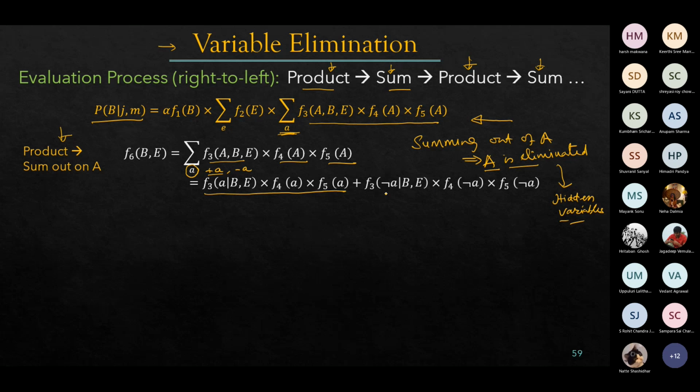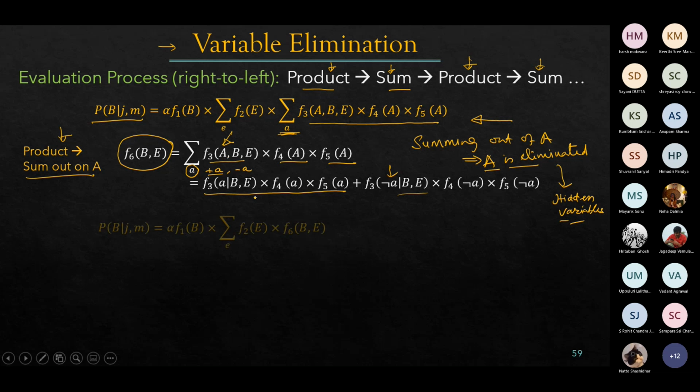And if we consider A to be negative, we just replace A with negative A and we have got this, and then we sum this. If we sum this out, the output is another factor without the variable A, because we have eliminated the variable by considering all the possible values of that variable. So that is what we call the sum out operation on A.